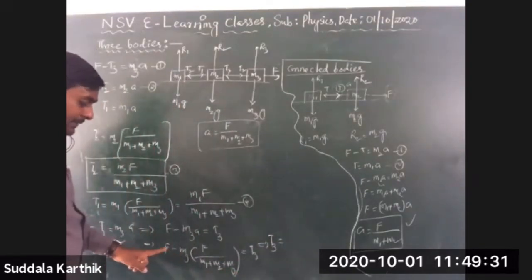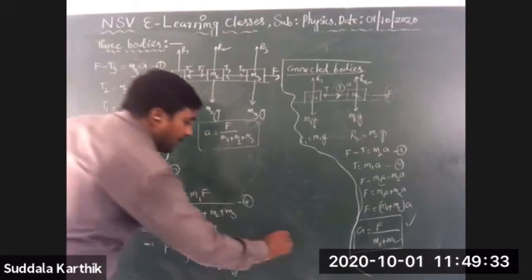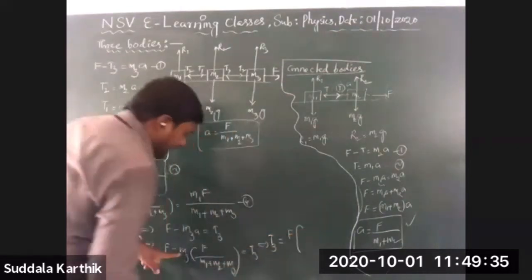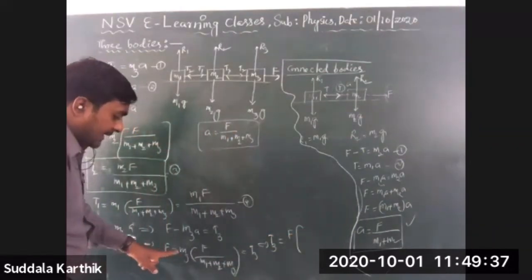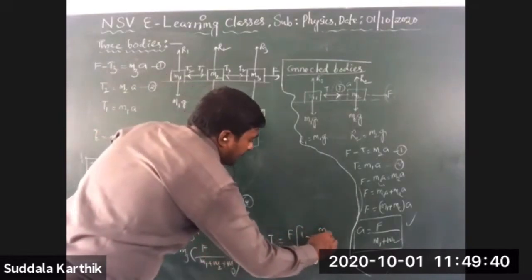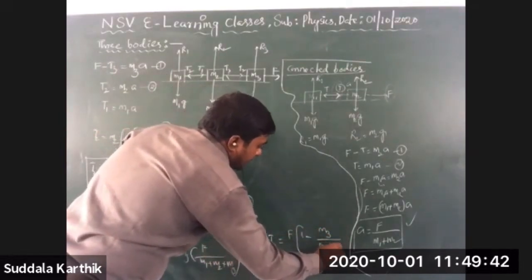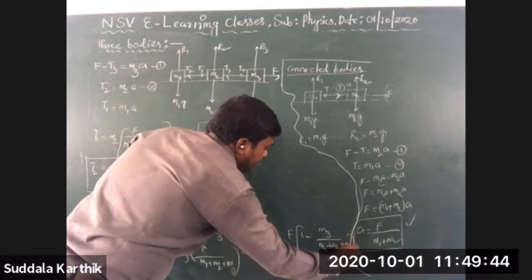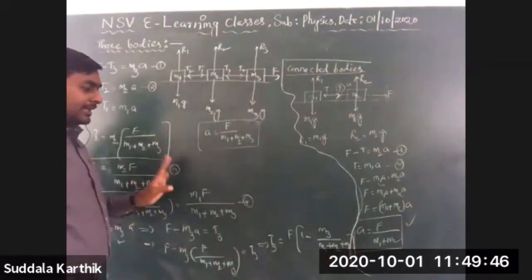You can say F is there, F is there. I am taking F common. M3 is there, here 1 is there: 1 minus M3 by M1 plus M2 plus M3. I am just taking LCM, not doing anything else.